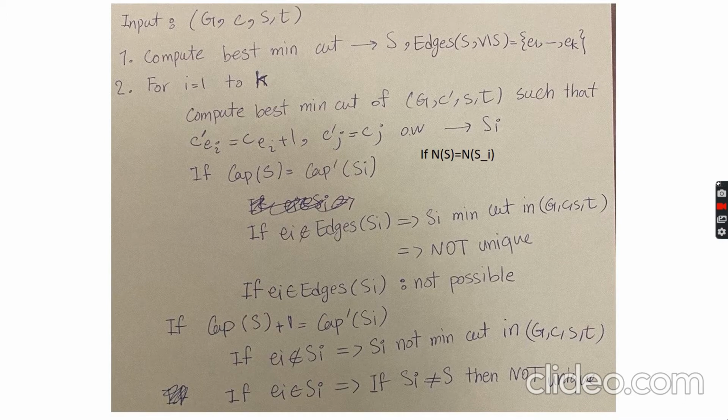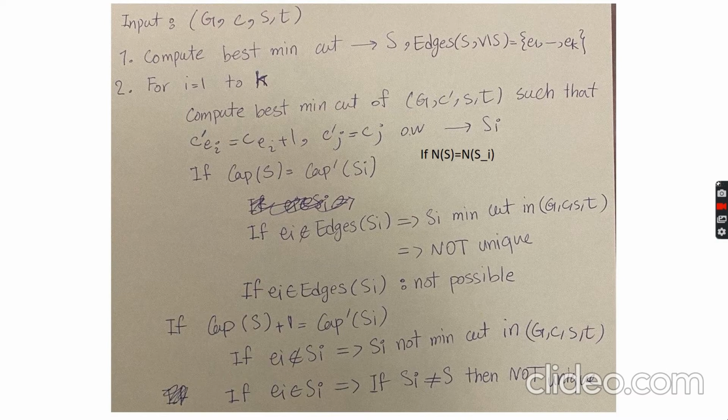Now, here we showed one side of it. We showed how to find another best min cut. But now let's prove the other side. So we want to say that if there exists another best min cut other than S in the graph, you're definitely going to catch it over here at some point. Okay? So let's say there is another best min cut, and there has to be at least one edge of S that is not in that other min cut.